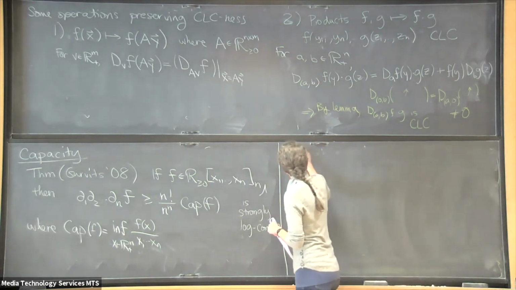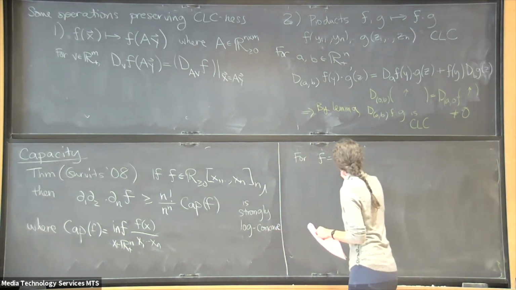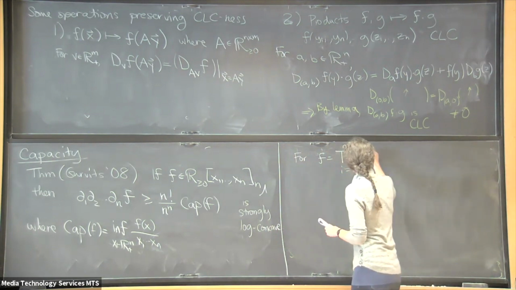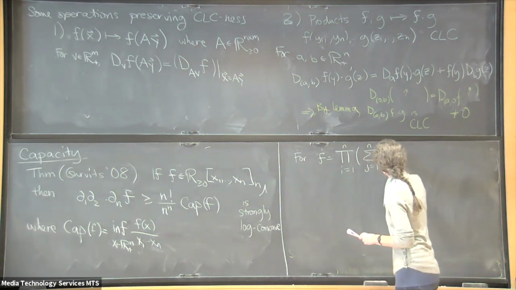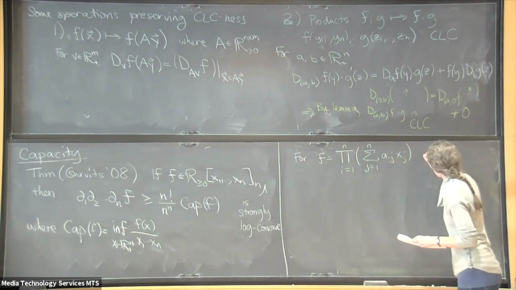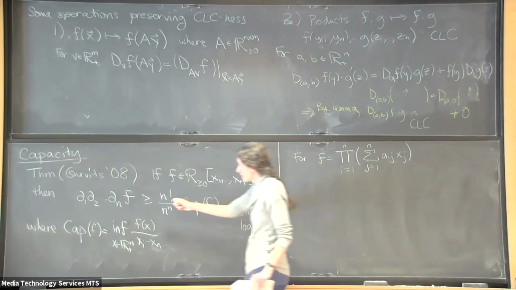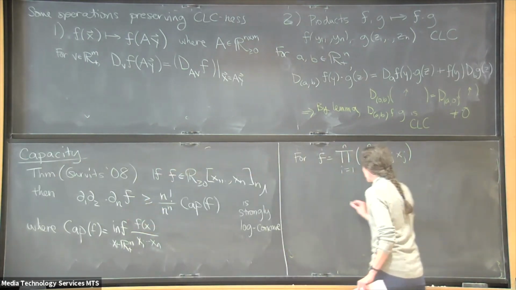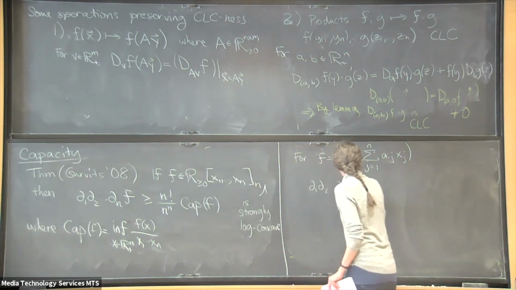So f is a product, i equals 1 to n, of sum j equals 1 to n of a_ij x_j. Then what is this middle coefficient?